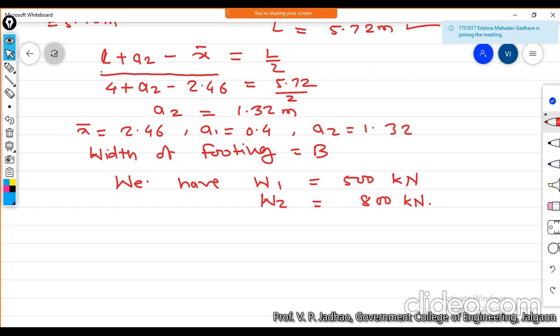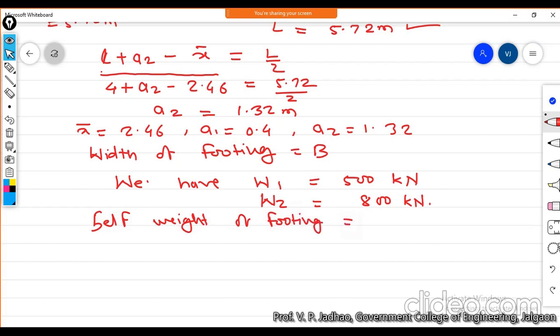Now let us consider the self weight of our footing, which is equal to Ws. We know that Ws, the self weight of footing, is 10% of the total load on both the columns.